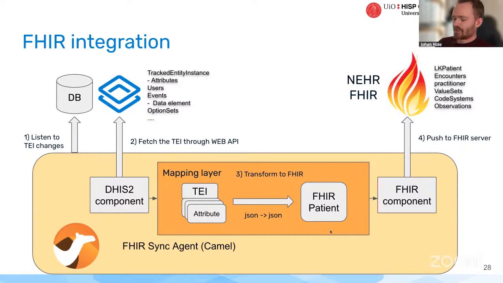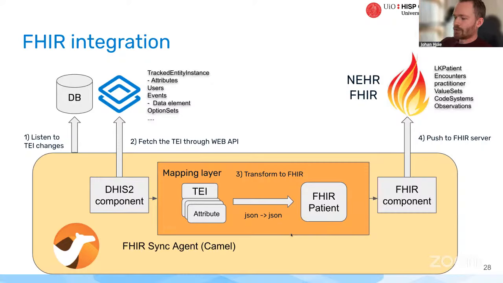As I mentioned earlier, they conform to the Sri Lanka NEHR profiles as well. This allows for validation both at the FHIR sync agent level and at the FHIR server level. The server can even be configured to reject data that does not follow the national profiles, which is great. So what all of this does is enable a more standards-based integration.